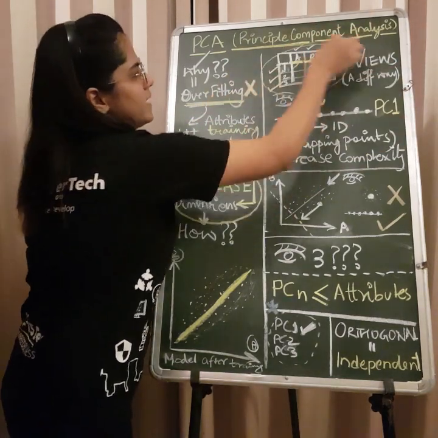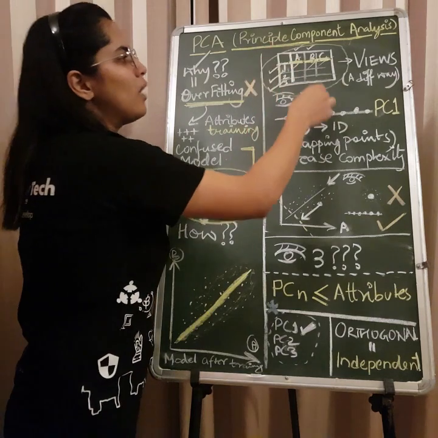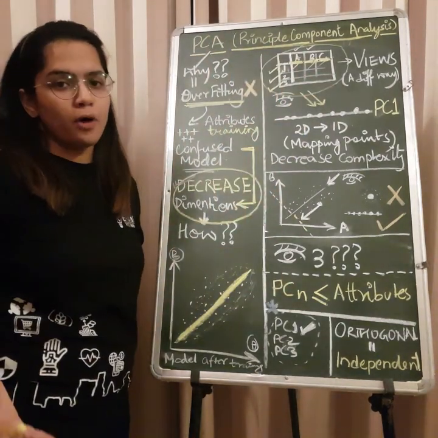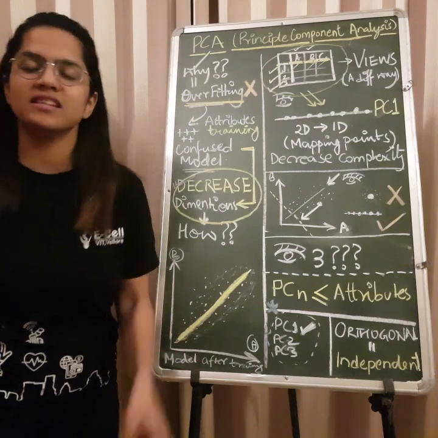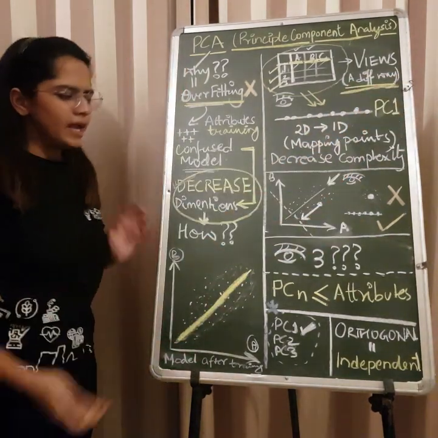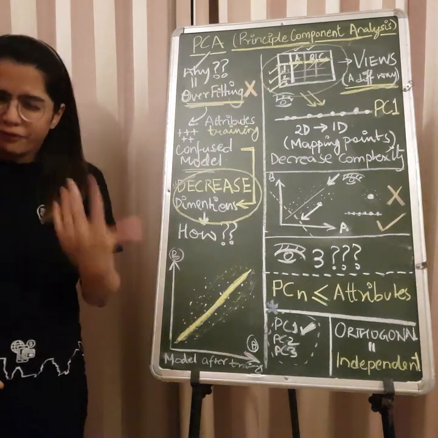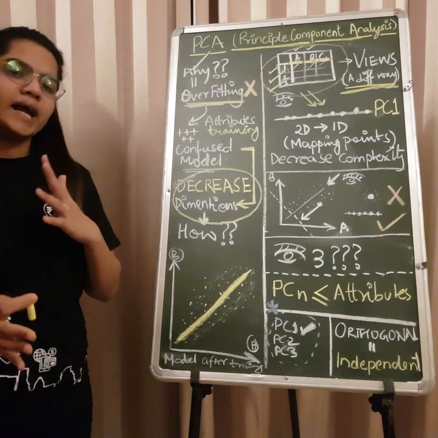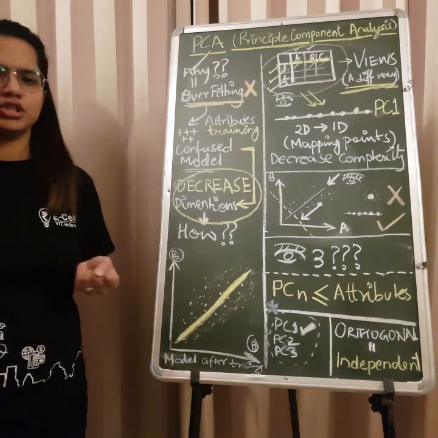Let's say this is your data set. How do you change the way you view your problem? Yes, the answer lies in the word views. If we look at our model in a different manner, bear with me, then we have a solution for reducing the number of dimensions.